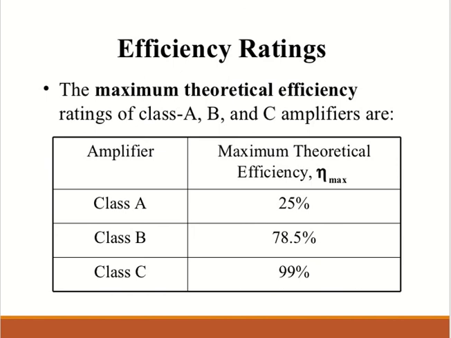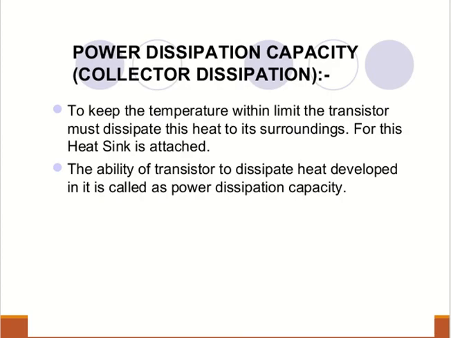The next parameter is power dissipation capacity. To keep that power dissipation capacity, we are using a power transistor. In a power transistor we are dealing with high currents, and due to high currents the heating effect will be there, so the circuit performance will become poor.